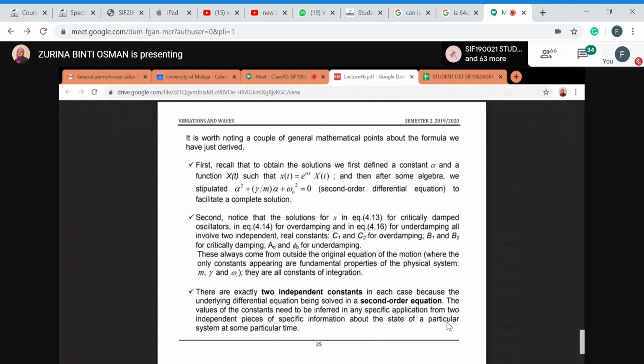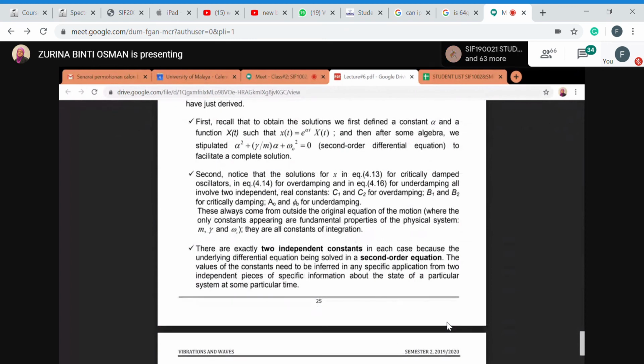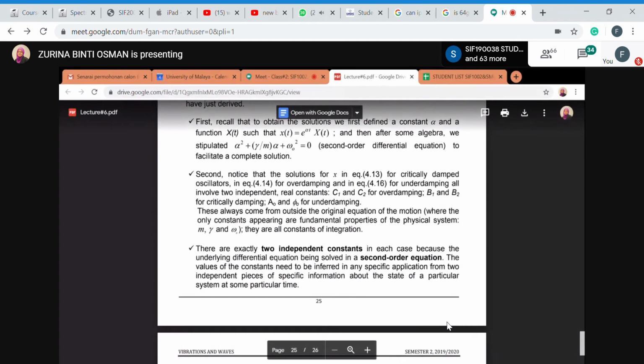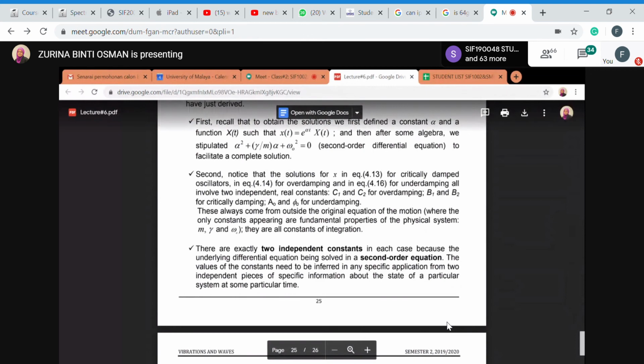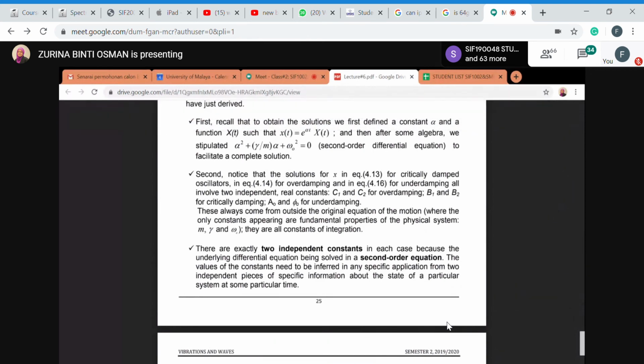Secondly, notice that the solutions in equation 4.13 for critically damped, when gamma is equal to 2m omega naught, in equation 4.14 for overdamped, when gamma is greater than 2m omega naught, and in equation 4.16 for underdamped, when gamma is less than 2m omega naught, involve two independent real constants: C1 and C2 in equation 4.14, B1 and B2 in equation 4.13 for critically damped, and the only one that shows the oscillatory behavior is A naught and alpha naught, for the underdamped case.